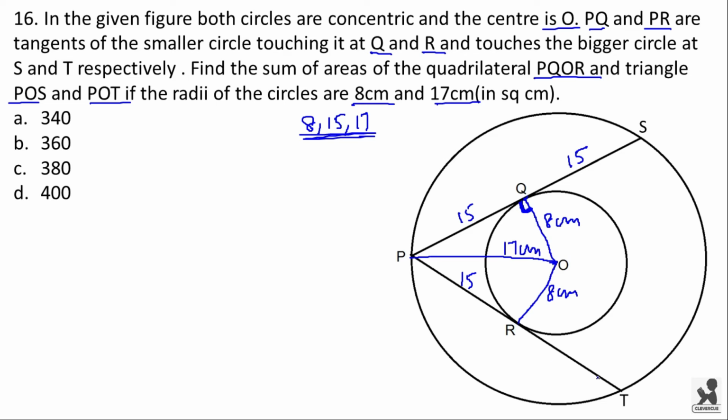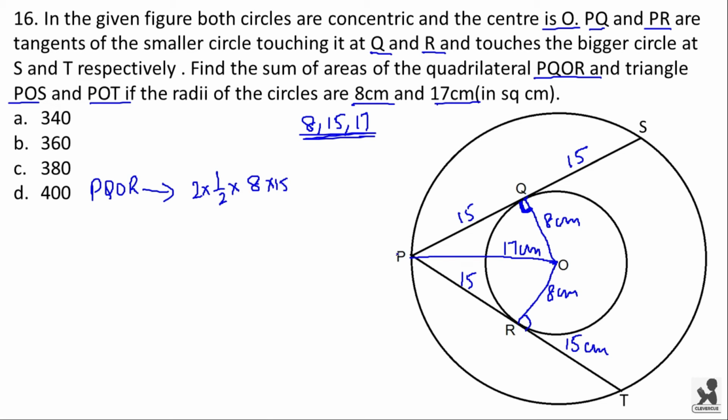Again ORT is also a right angle, and PRT is the chord, so this is also 15 centimeters. Now the area of the quadrilateral PQOR: you can see there are two same triangles inside this quadrilateral, so you can write 2 into 1 by 2 into 8 into 15.